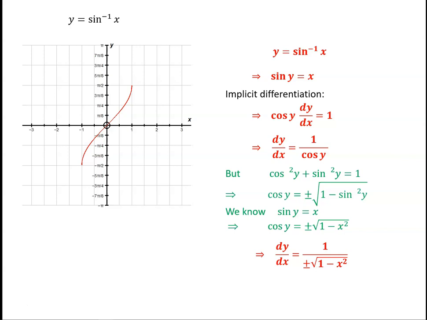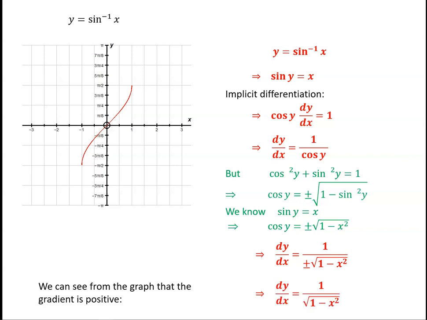But if we look at the graph of y equals sine to the minus 1 of x, we can see that it's an increasing function, which means that its gradient must be positive everywhere. So we want the positive square root. So we can now say that dy by dx is 1 over the square root of 1 minus x squared.